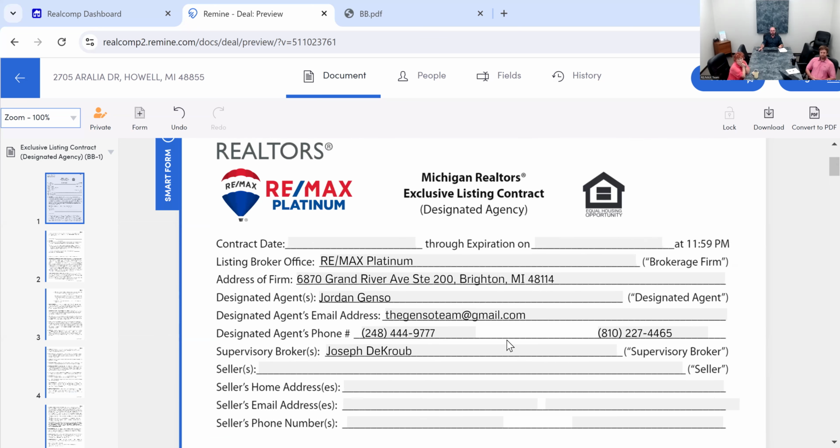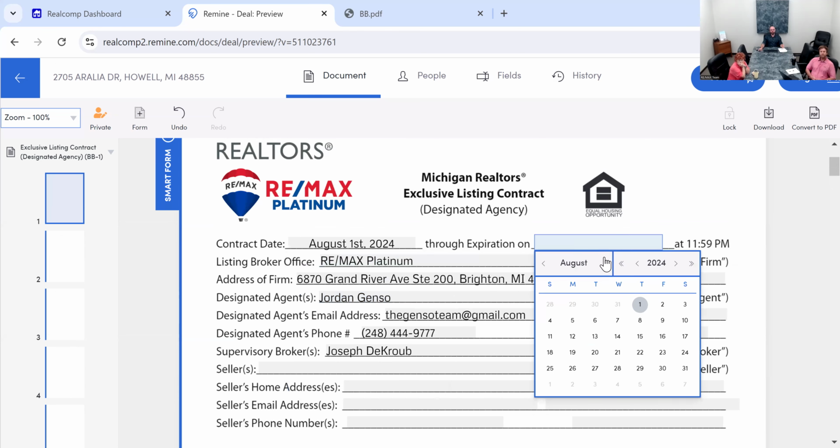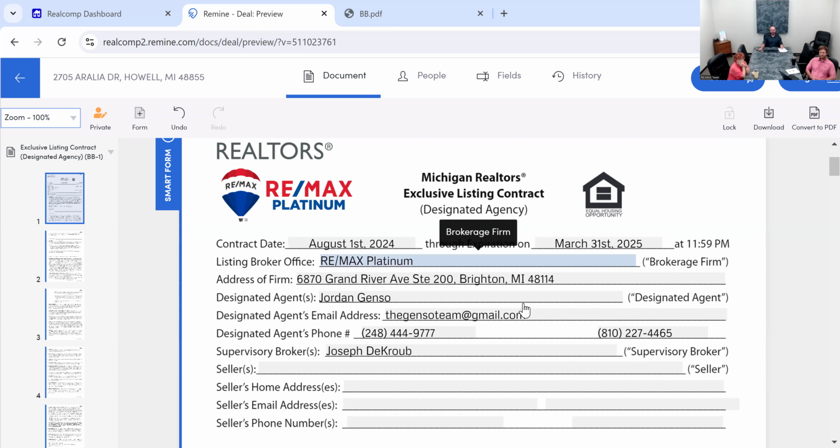So starting up at the top, our contract date is when it begins, through an expiration. So let's actually do it. Yes, it is August. All the way, let's say through March 31st, although that's actually more than normal. So, this is the brokerage involved.